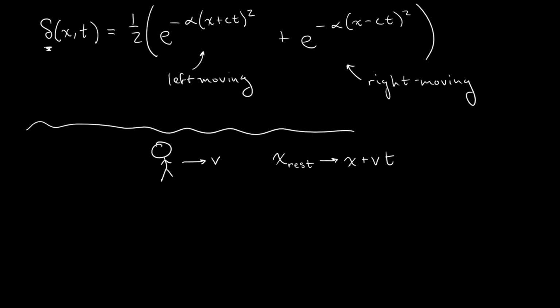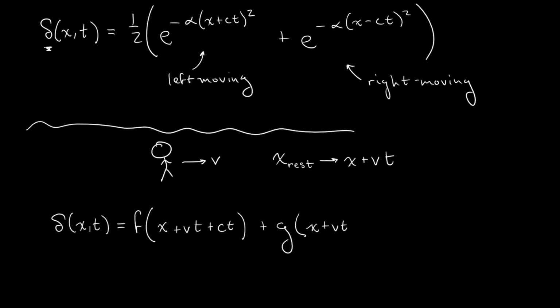In which case, these perturbations are going to look something like, well, in this particular case, but I'm going to write it in the more general case, f of x plus vt plus ct plus g of x plus vt minus ct.